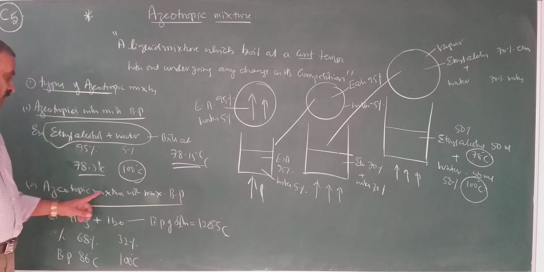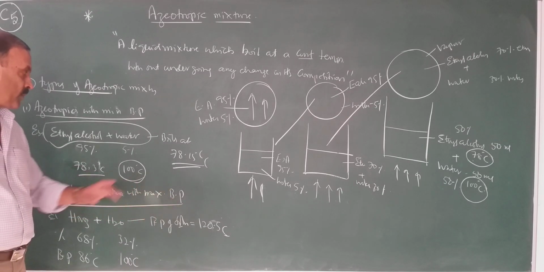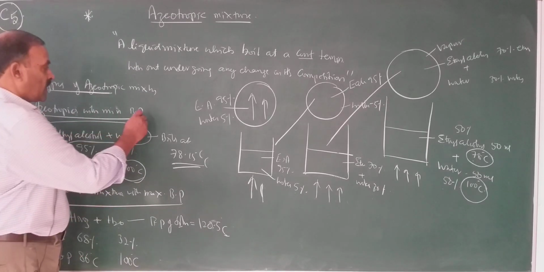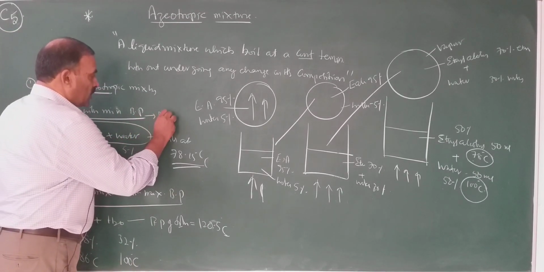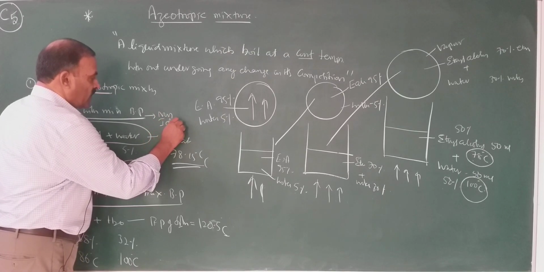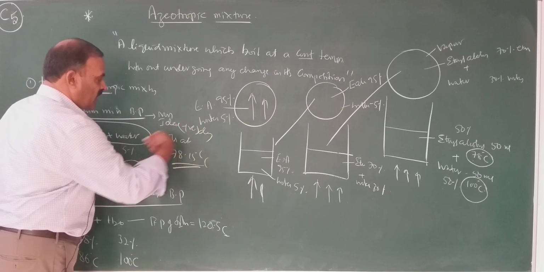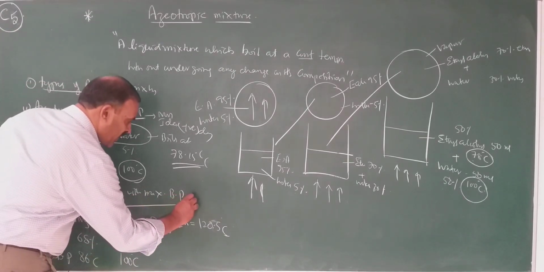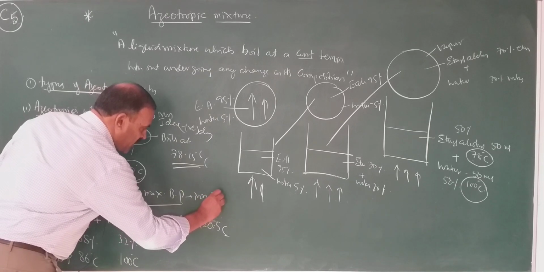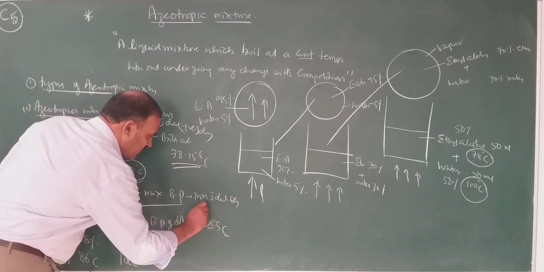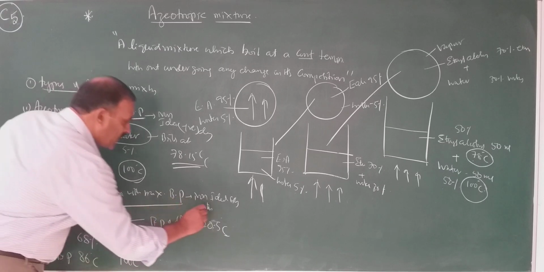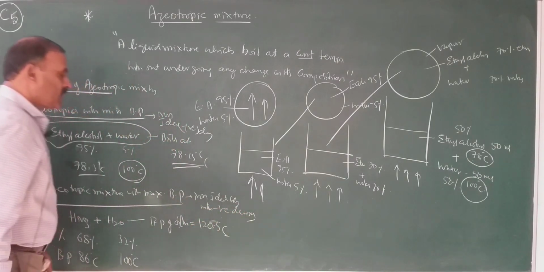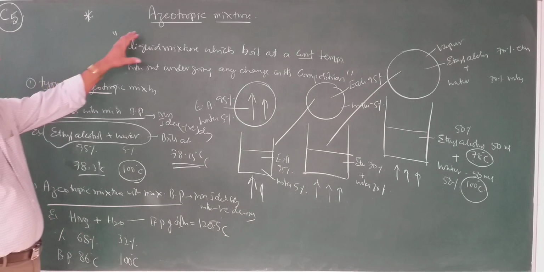Azeotropic mixtures with minimum boiling points are given by non-ideal solutions with positive deviation. Azeotropic mixtures with maximum boiling points are given by non-ideal solutions with negative deviation.